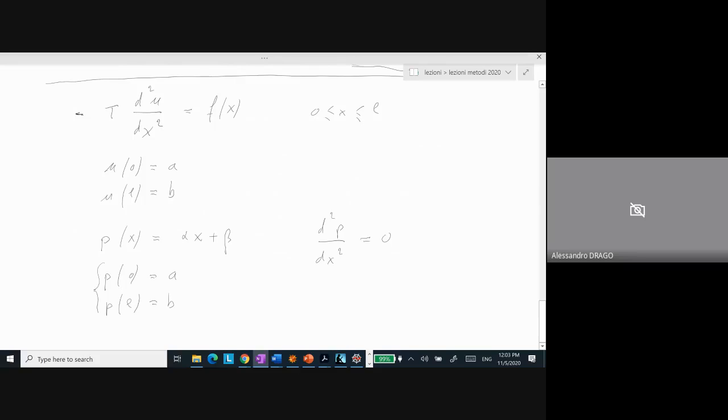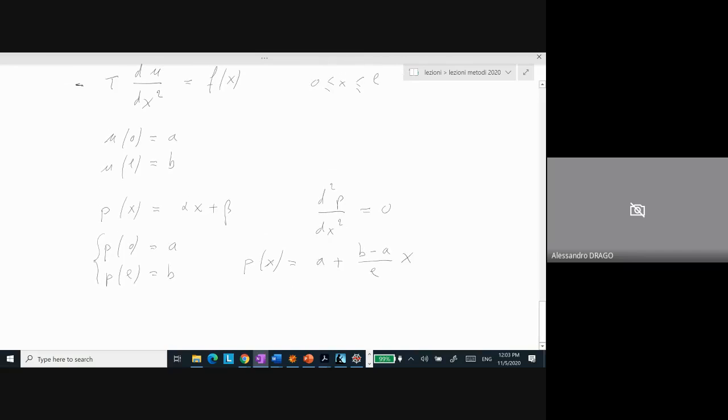If I impose these two things, I come to the conclusion that p of x must be a plus (b minus a) over L times x. You can easily check that, of course, this specific p of x satisfies both boundary conditions.